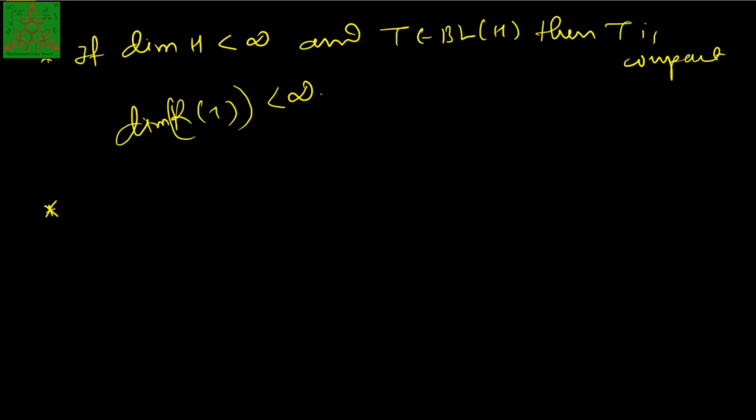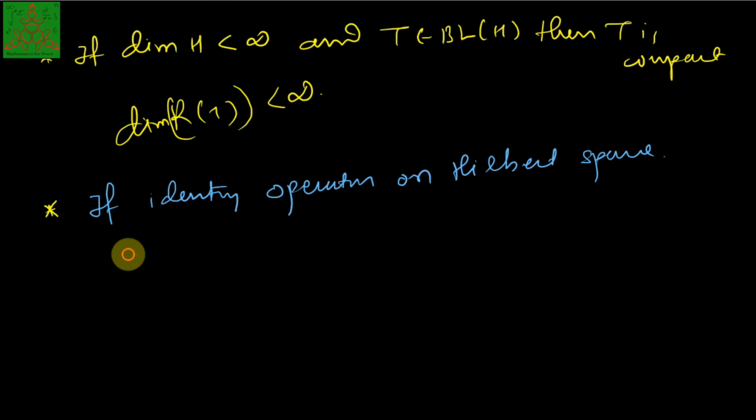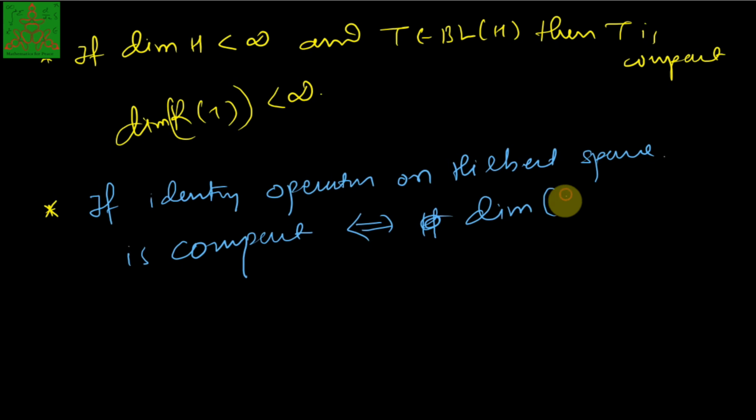One more note we can write here is, if you have the identity operator on a Hilbert space and you want it to be compact, then it is if and only if H should be a finite dimensional space.